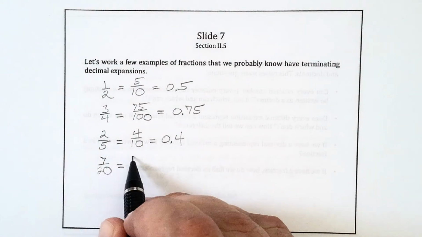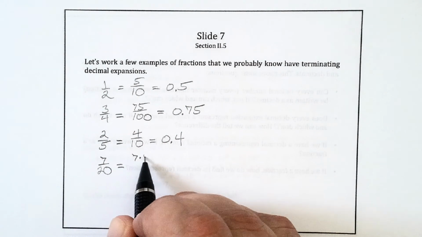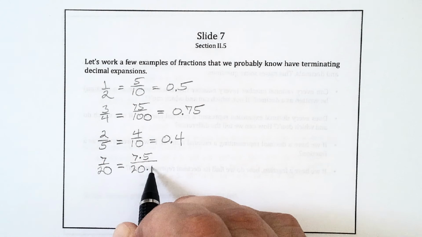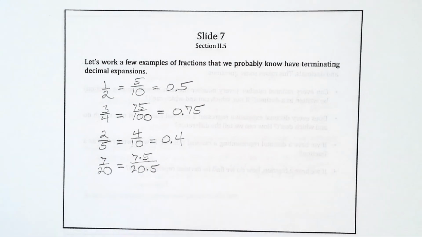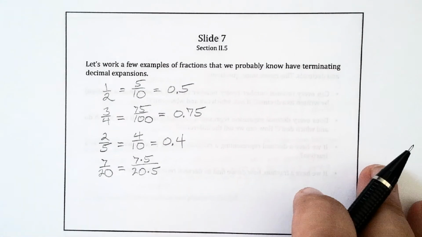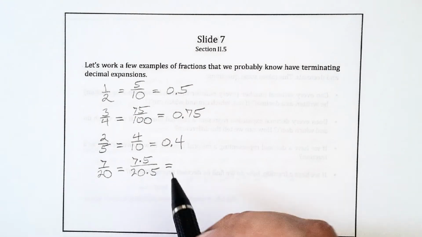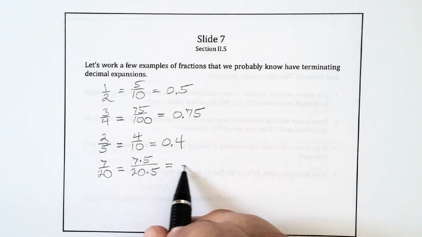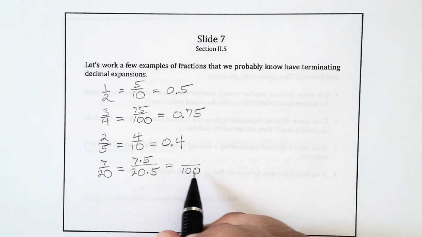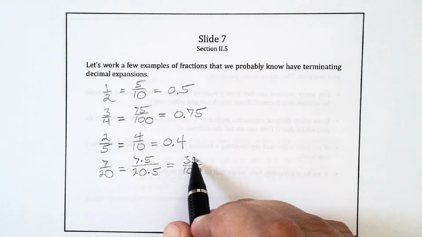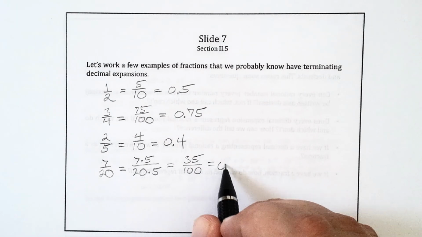So let me write it out using the fundamental law of fractions this time, just so it's really clear what I'm doing. I multiply top and bottom by 5, which I know gives me an equivalent fraction. And the reason I'm doing this is because it gives me 100 as the denominator. And 7 times 5 is 35. So I get 0.35.